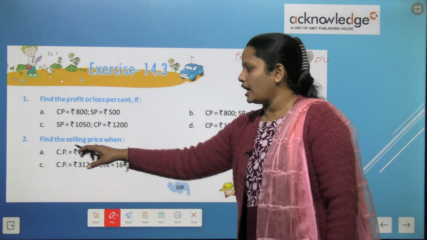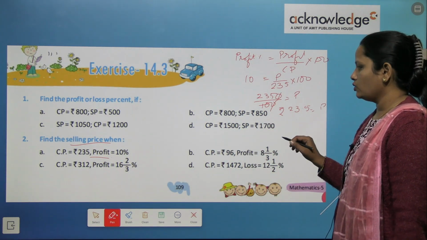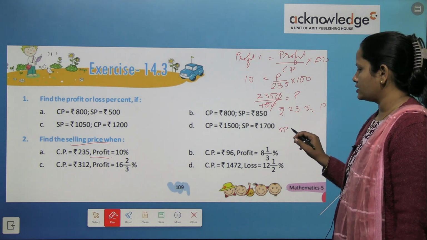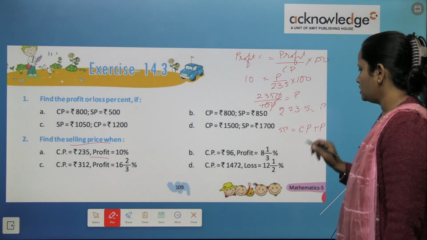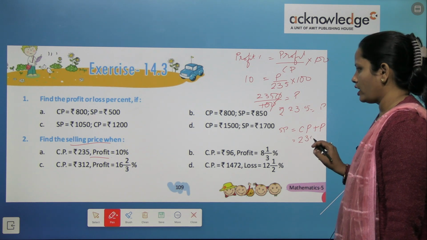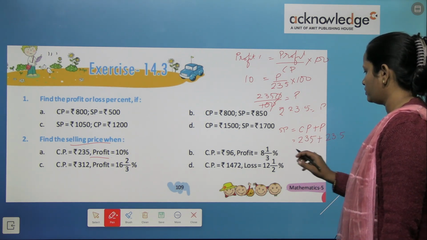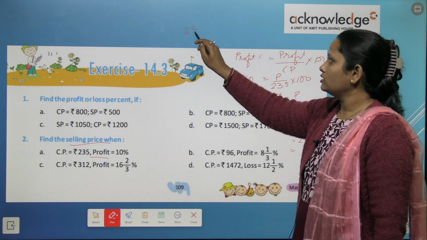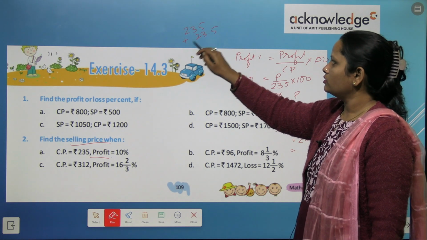Now it's asking for selling price. Selling price पूछ रहा है. So as we know, the formula of selling price is cost price plus profit. So cost price is 235 rupees plus 23.5. So when we add these numbers, we get 235 plus 23.5.